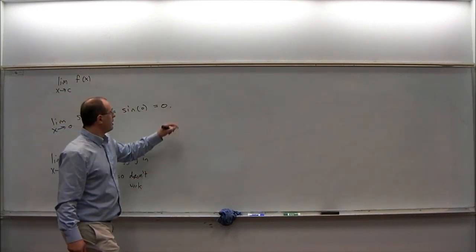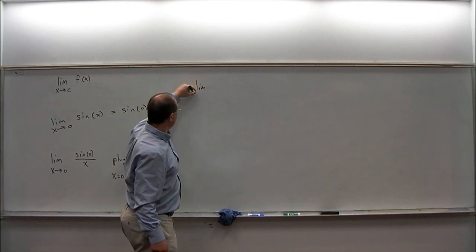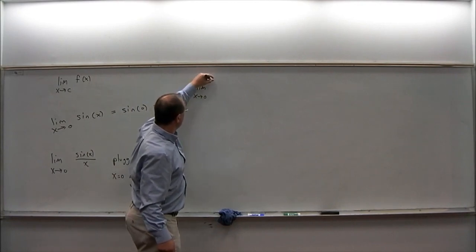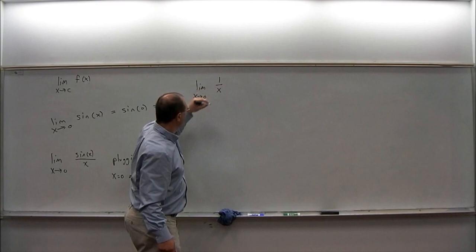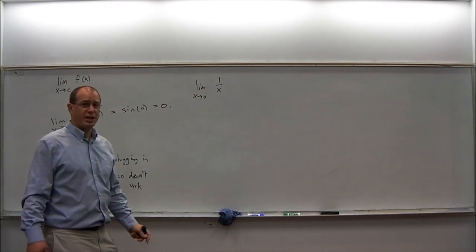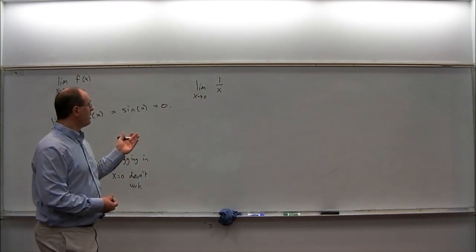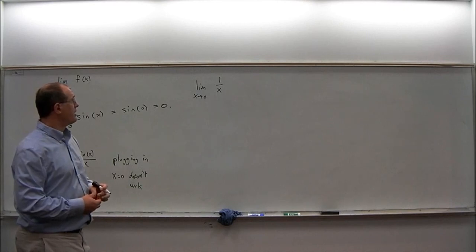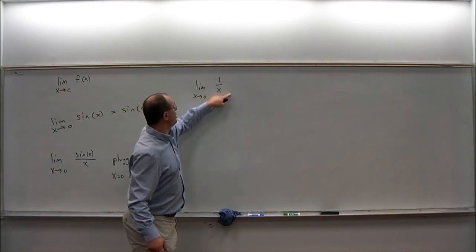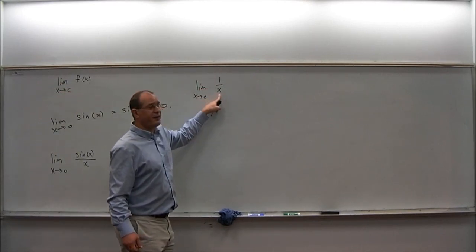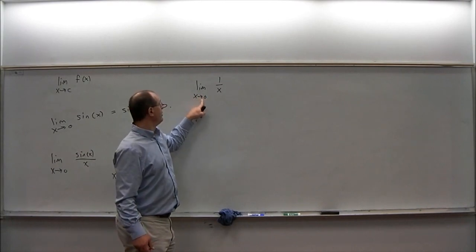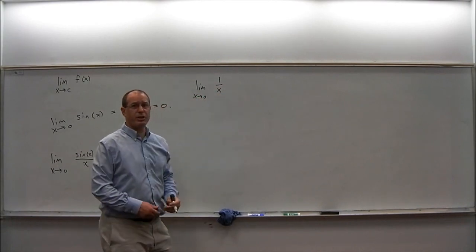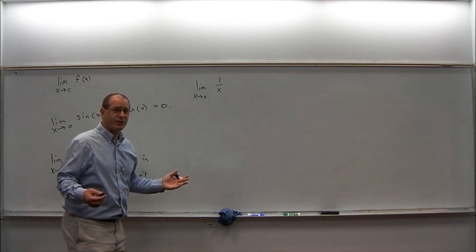Even simpler, suppose we have the limit as x approaches 0 of 1 over x. Remove that sine function from the situation. This is another situation where the function is not defined at x equals 0. So we can't simply plug 0 in and get an answer.